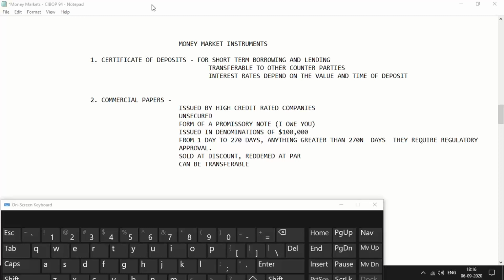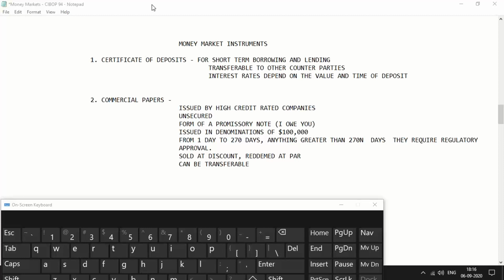It means that a third party, for example Moody's, a credit rating agency, goes out and rates companies in the market and gives them the rating. So when you talk about a high credit rated company, it means the possibility that the company is going to default is very low. So that's who issues commercial papers.